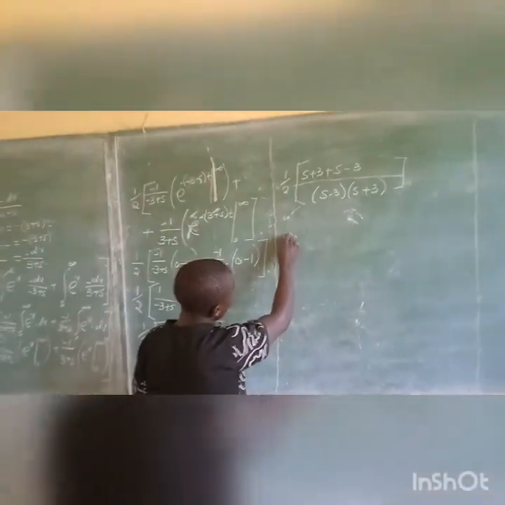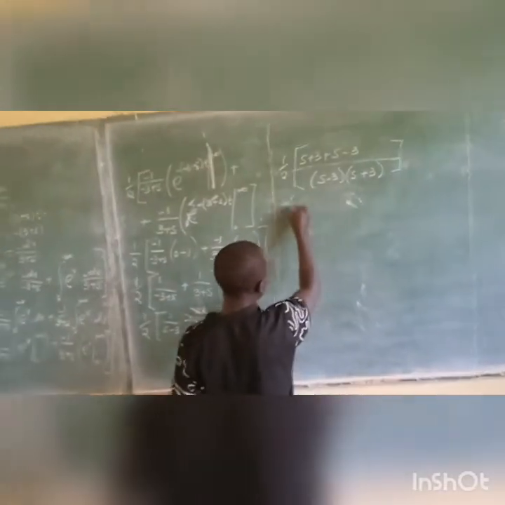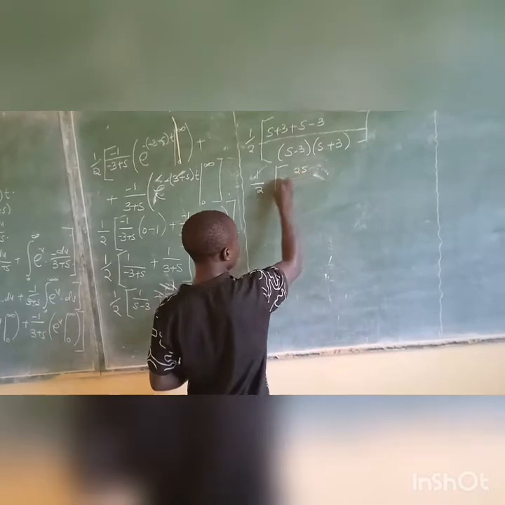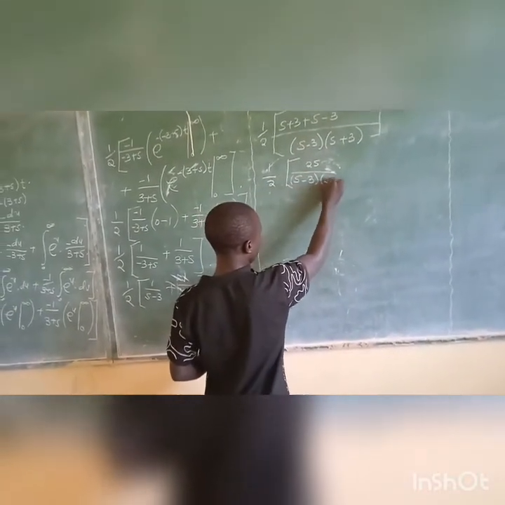So it is 2s, a half into 2s over s minus 3 by s plus 3.